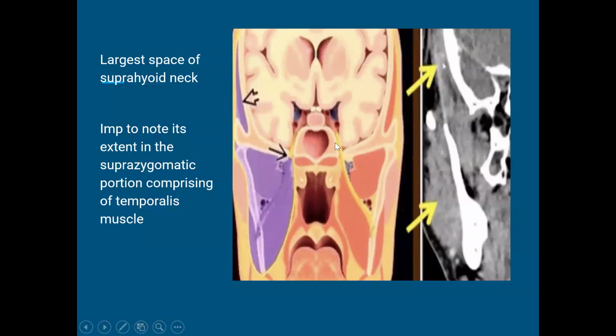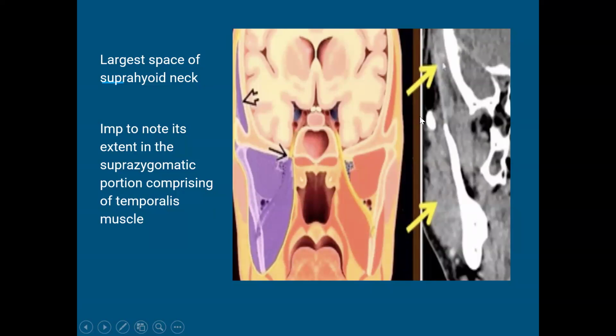This masticator space is the largest space of the suprahyoid neck, and to show this, we have a coronal diagram followed by a coronal CT image to show the extent of the masticator space, because it is very important to note its extent in the suprazygomatic portion, which comprises the temporalis muscle.